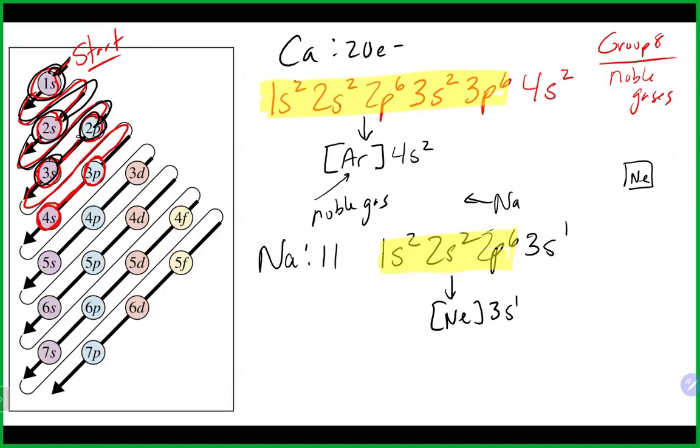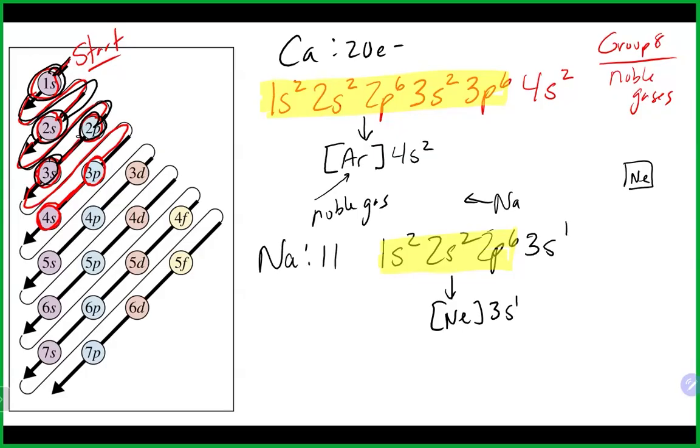Sometimes people call it noble gas configuration. It's a shorthand method. It always has to be a noble gas in the brackets, and it always has to be a noble gas before the element, can't be after. Then you just pick up from the noble gas's configuration, however many electrons that is, and continue on. Any questions on that?